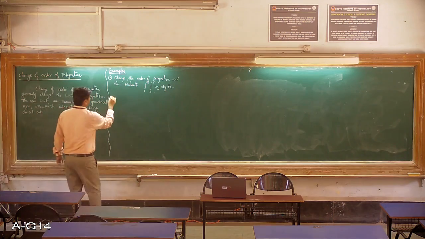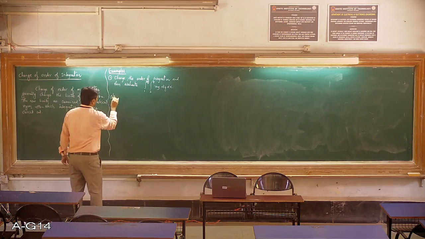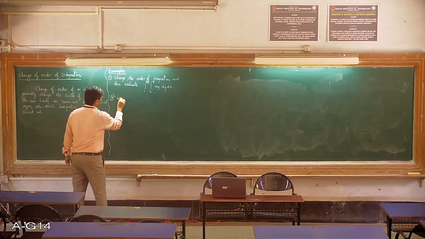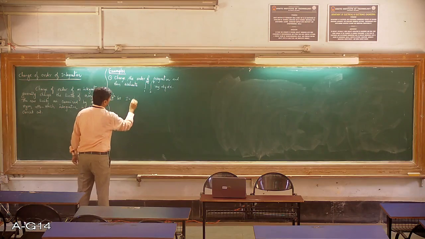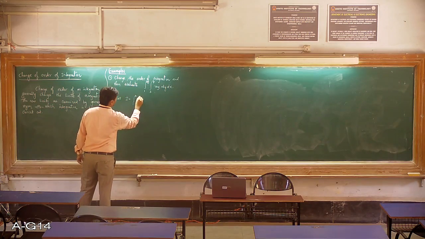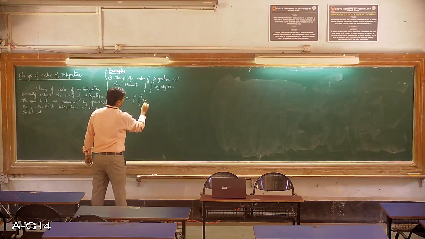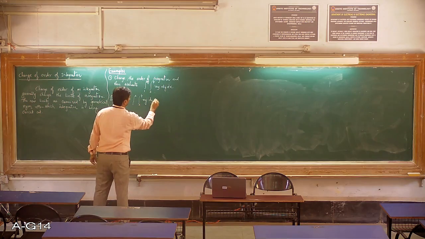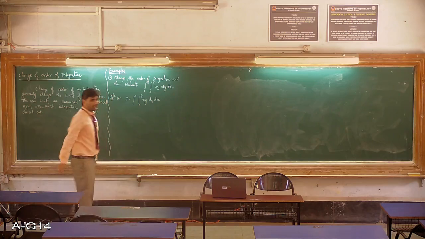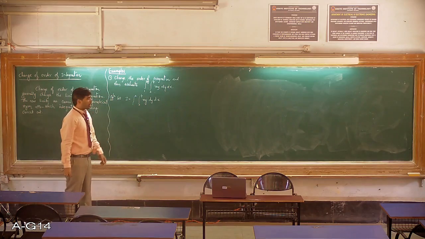In the beginning, we'll write what is given. Let I equal integration 1 to 2, integration 3 to 4, x into y dy dx. Now allot the limits.